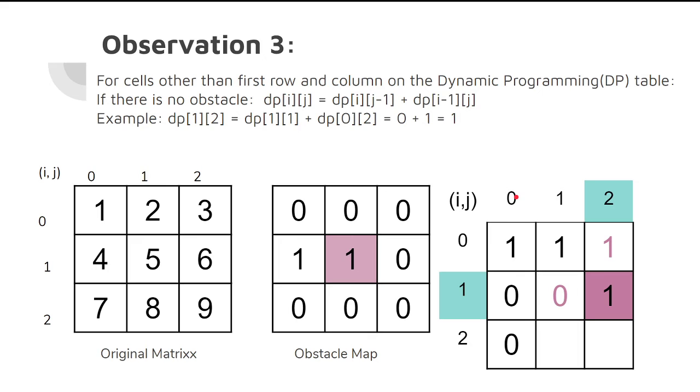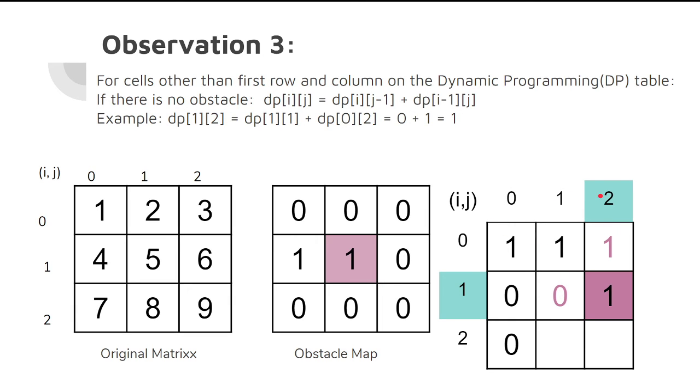Observation 3. For the cells other than the first row and column on the dynamic programming table, if there's no obstacle, then dp[i][j] would be the number of unique paths from the corresponding top value plus the corresponding value on the left side, and you get the sum of that.